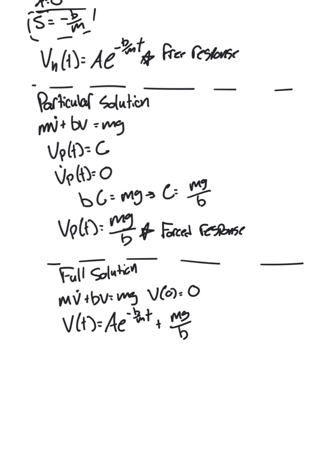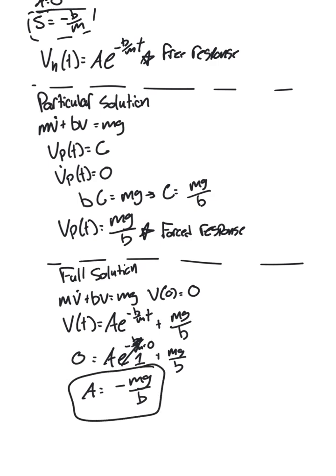And given that at time equals 0, velocity is equal to 0, we have 0 equals a e to the minus b over m times 0 plus m g over b. E raised to the 0 is 1, so that's now just 1. We can move m g over b over, and we get that a is equal to minus m g over b.